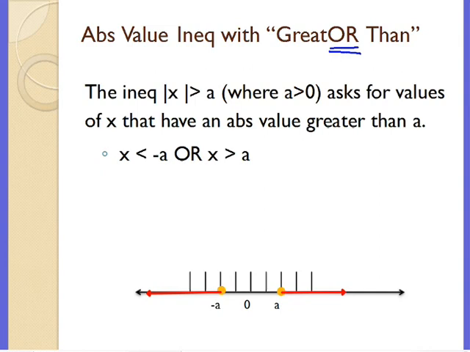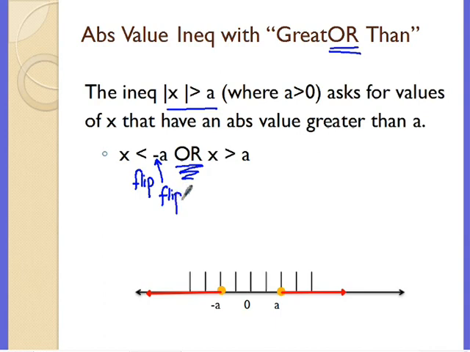So we take our absolute value and we turn it into an OR problem. Notice one problem looks just like the absolute value part minus the absolute value bars. The other one flips the symbol and flips the sign.